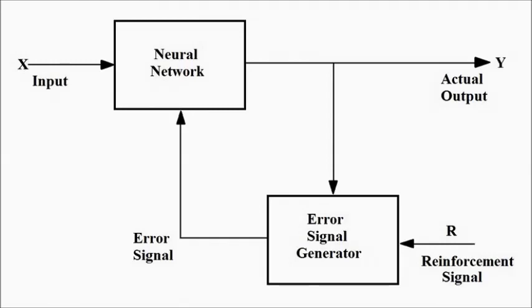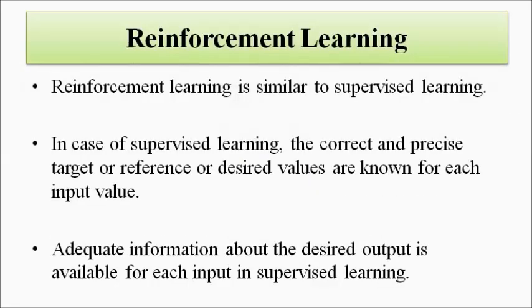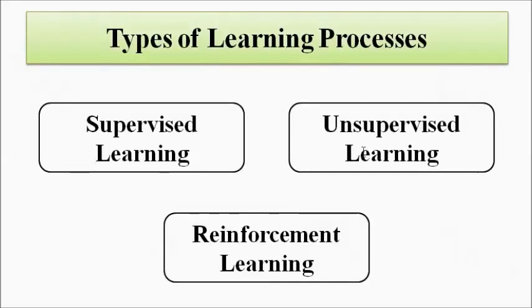So the principle is the same. So this is all about the unsupervised learning and the reinforcement learning. We have discussed the three types of learning processes: the supervised learning, the unsupervised learning, and the reinforcement learning.